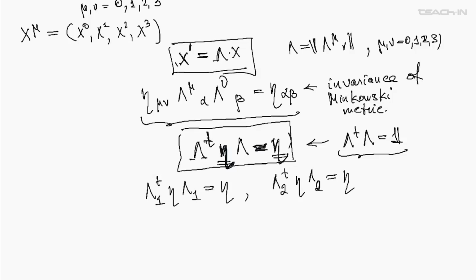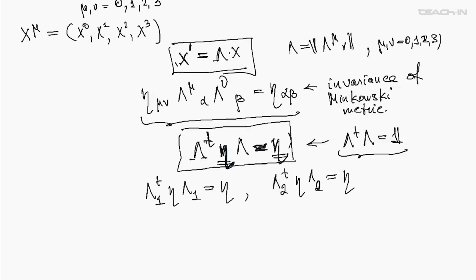But here we consider the Lorentz group, which means the group of isometries of a particular metric, namely the Minkowski metric. And what I would like to show is that indeed such transformations, which are defined by means of this formula here, form a group.